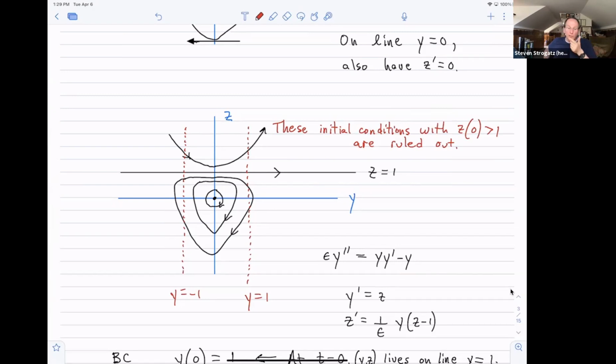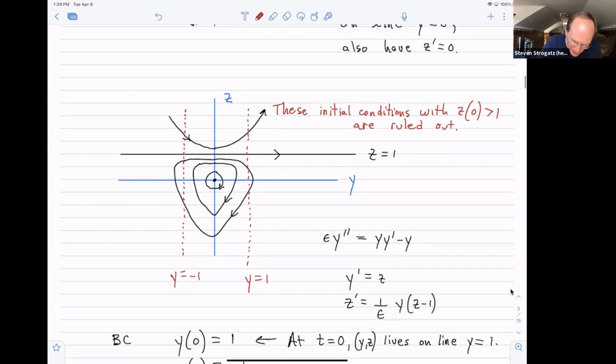Also, you could see there's no point considering initial conditions on this invariant line, because those are just destined to go out this direction. They are never going to hit the line y equals -1 either.